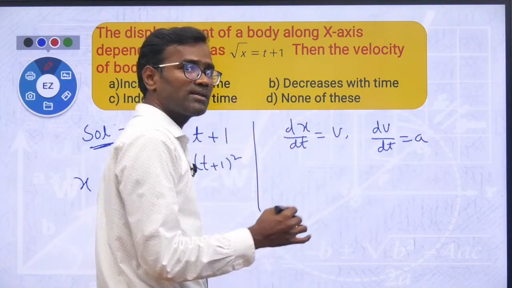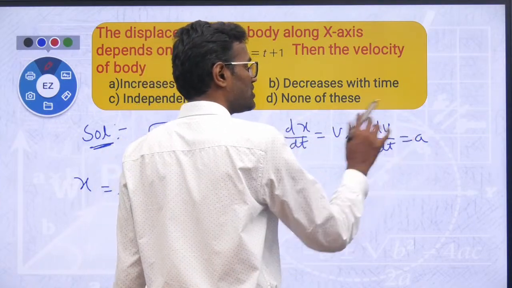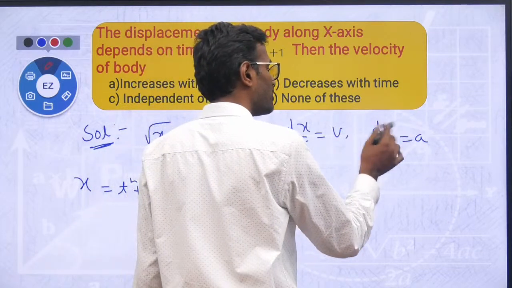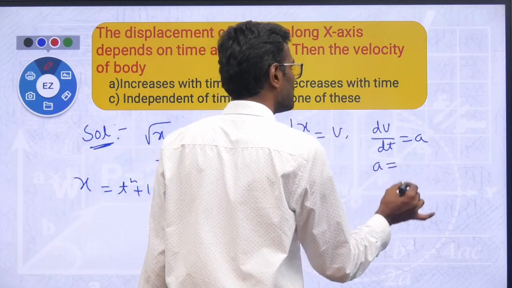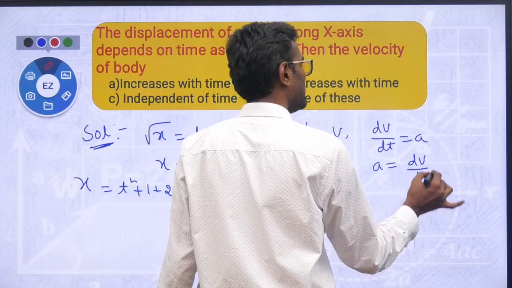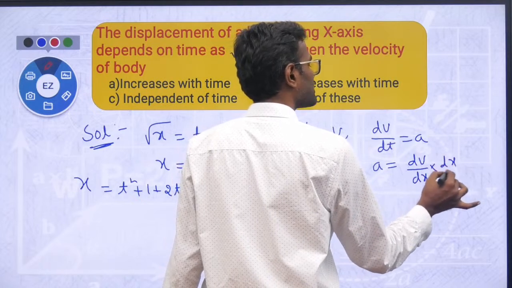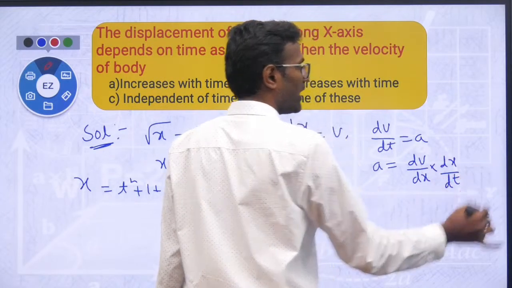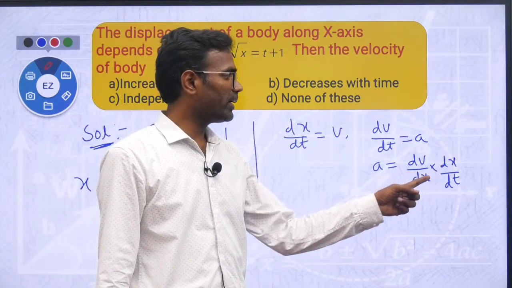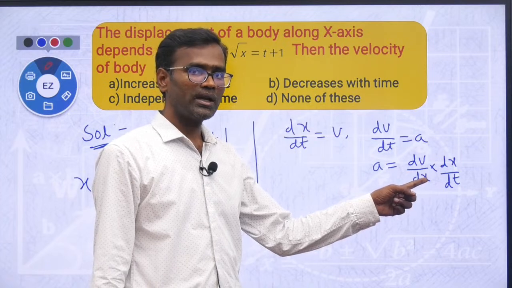If acceleration is a function of position, we can write a is equal to dv by dx into dx by dt. I did some modification: I multiplied and divided by dx.